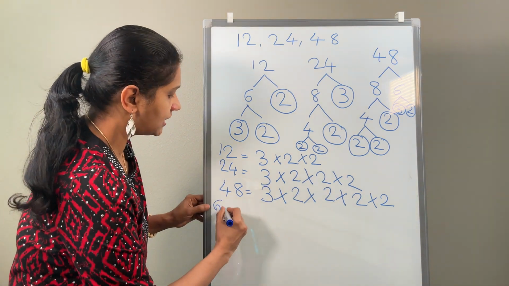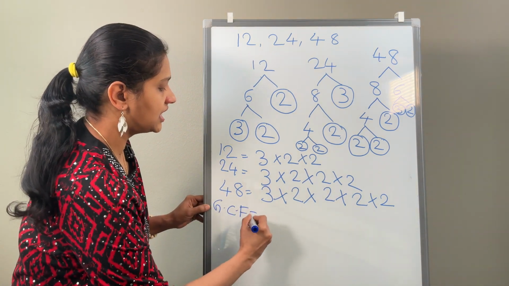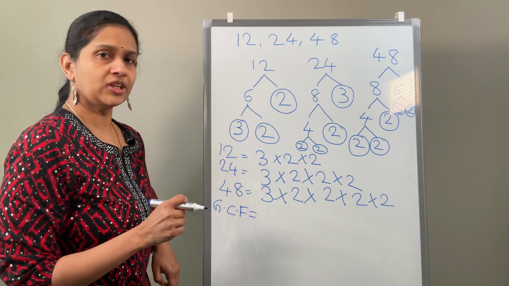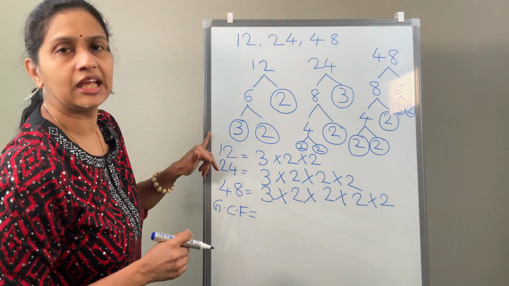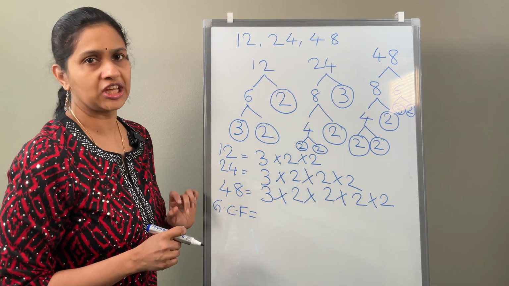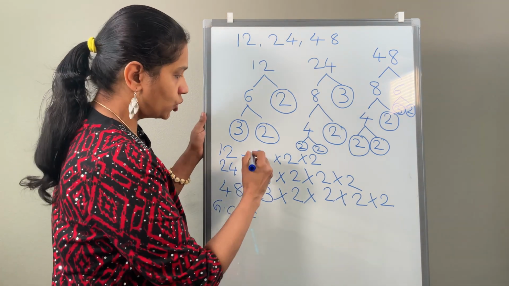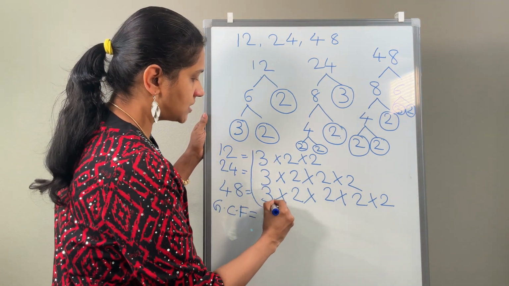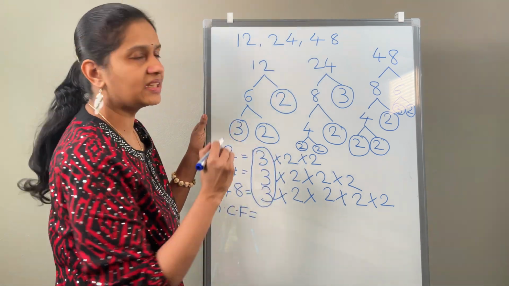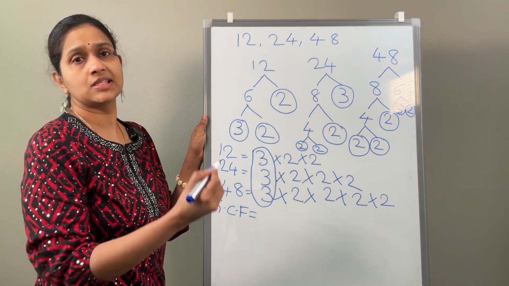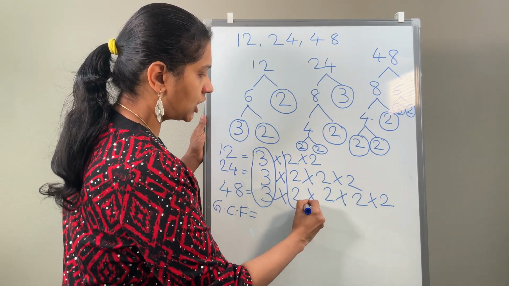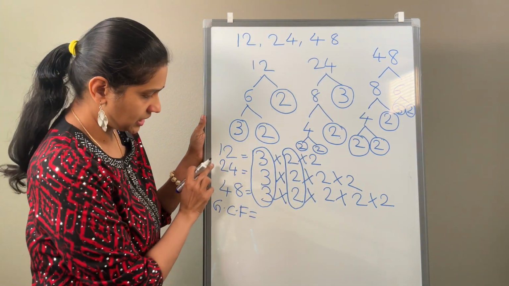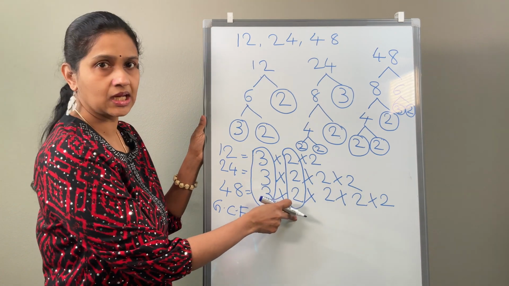Now how to find the GCF, the greatest common factor? For that, first you find the numbers that are common in 12, 24 and 48. So let us see here. You know 3 is common in all of these, so circle that number 3. Now we will check the next number. See, 2 is common in all the 3 numbers, so I am circling it.